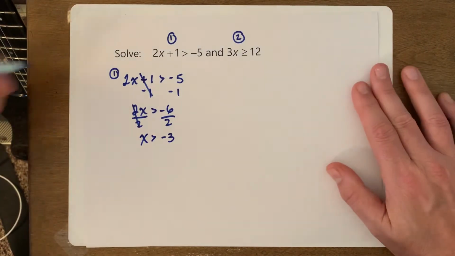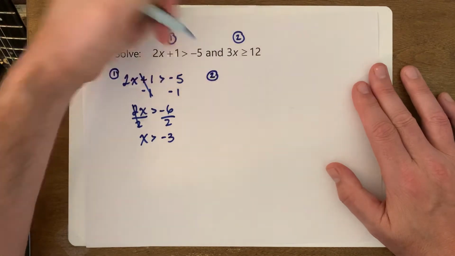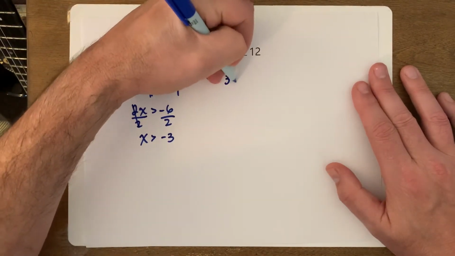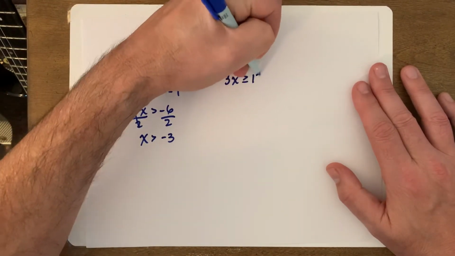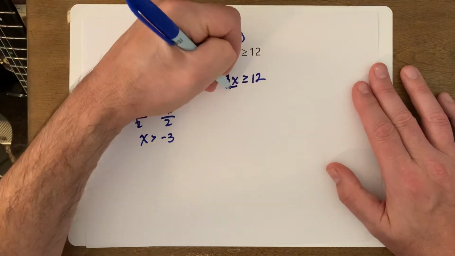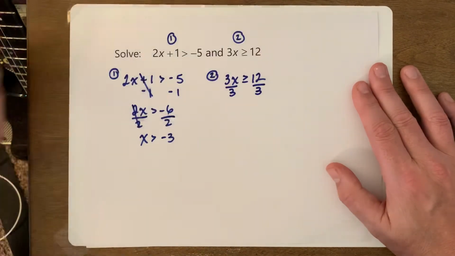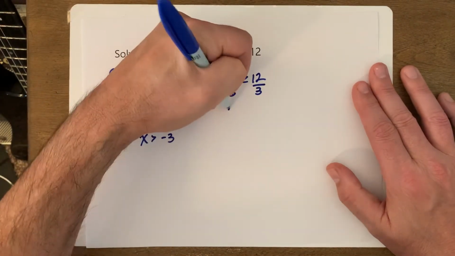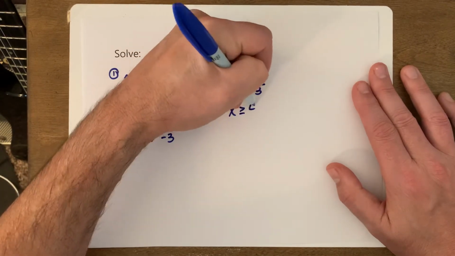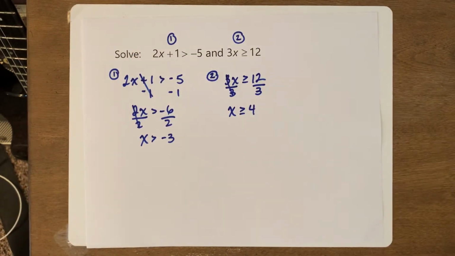All right, let's take a look at our second one. Our second one is 3x greater than or equal to 12. That's just one step. Divide by 3. And then it looks like you got x greater than or equal to 4. All right, let's take a look and see what this one looks like.